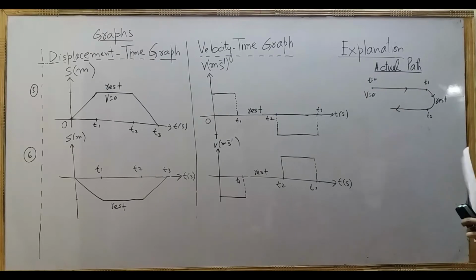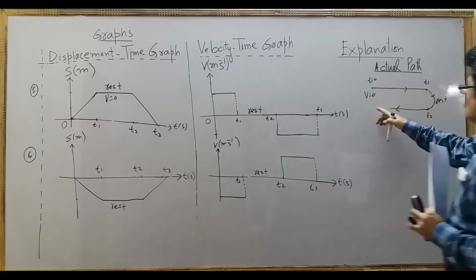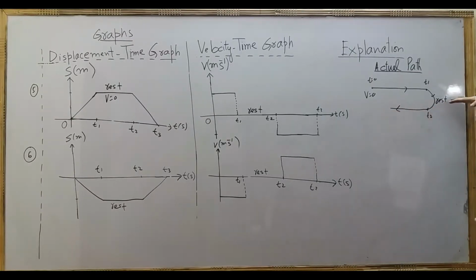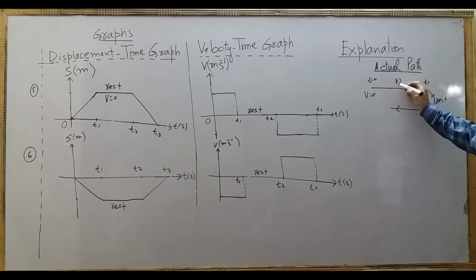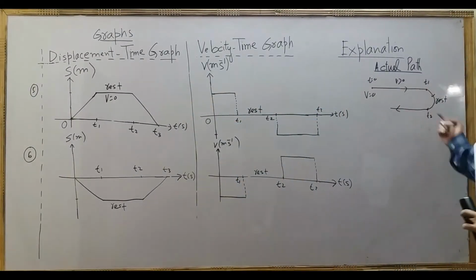We are supposing that its velocity is 0. So at time t3 it comes to rest. Because it is now moving in the negative direction, this is positive direction, this is negative direction.